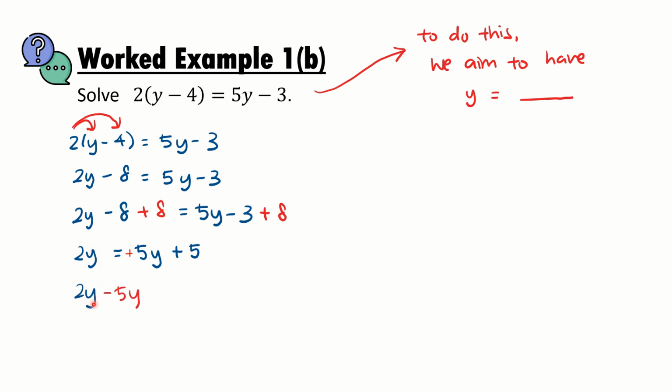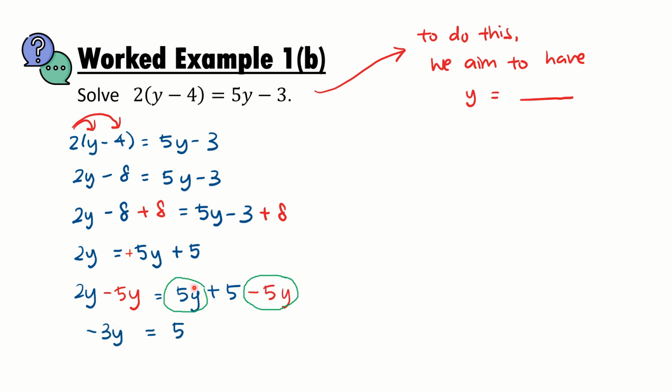Hence, we have 2y minus 5y equals 5y plus 5 minus 5y. Then we see that with this positive 5y over here and this minus 5y over here, it turns out to become a 0. So therefore, in my next step, I will be able to have negative 3y equals 5.